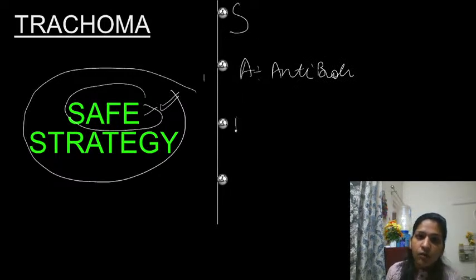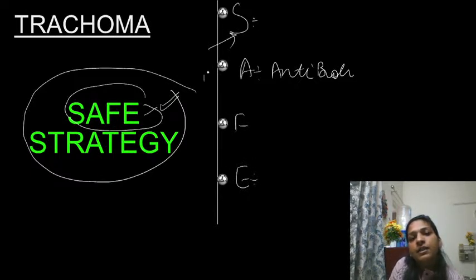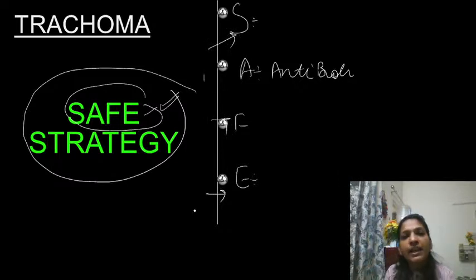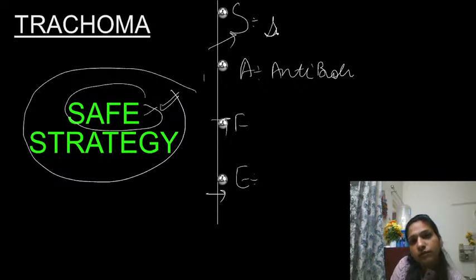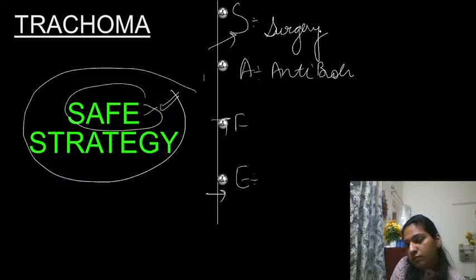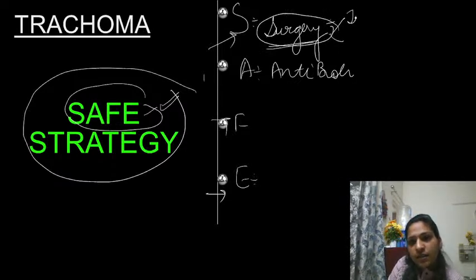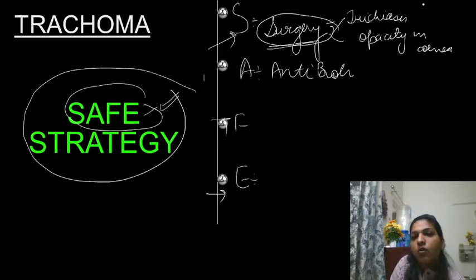What does S stand for? And F and E. S stands for surgery for trichiasis, or for opacity in the cornea, that is, for trichiasis in the eyelid or for opacities in the cornea.